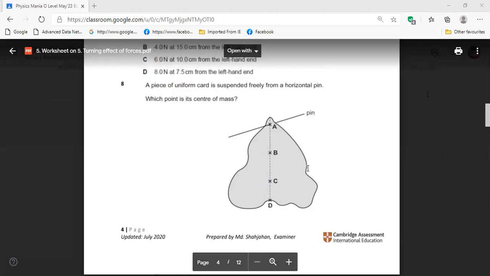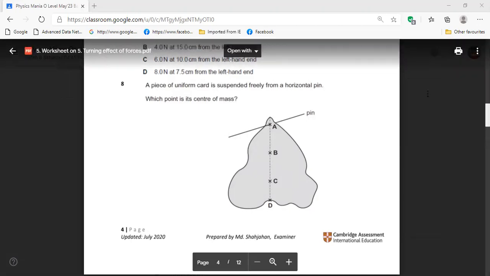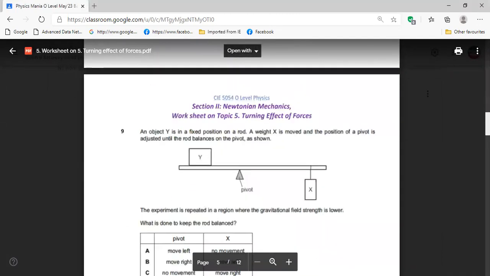Because of this, the center of mass is lowered here, and also here some objects are missing, right? If there was some object here and here, then it could be the appropriate place a little bit higher. So the answer is C here.